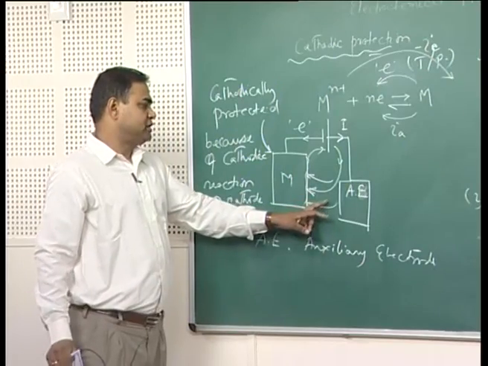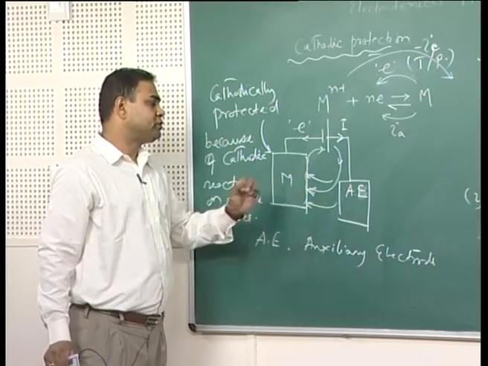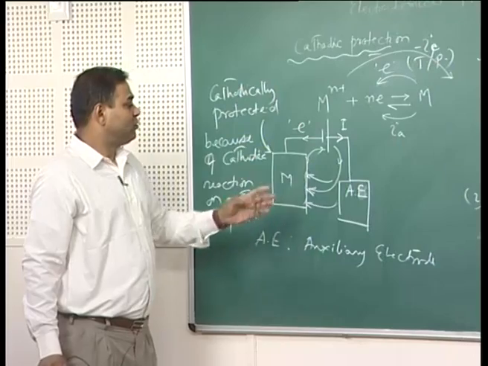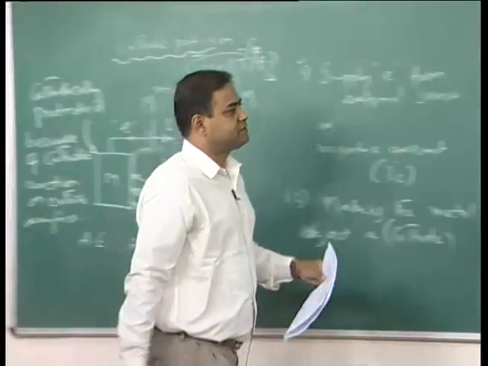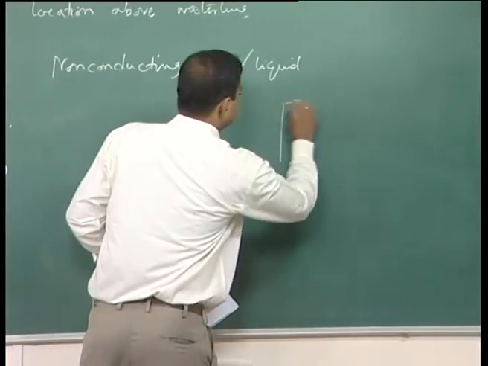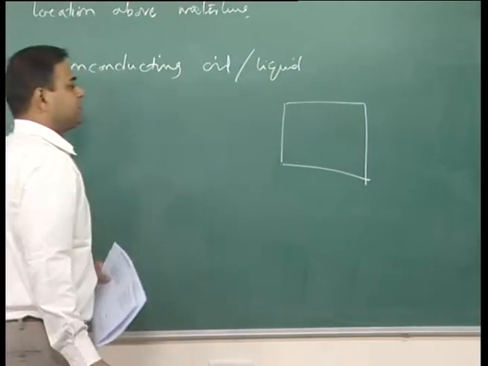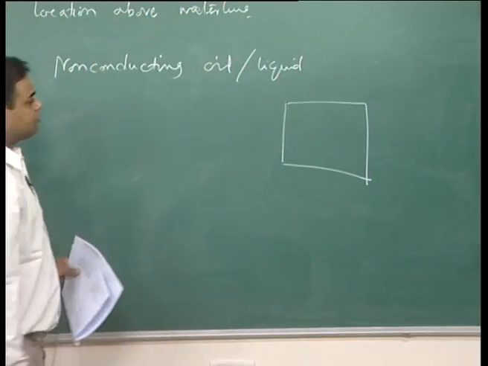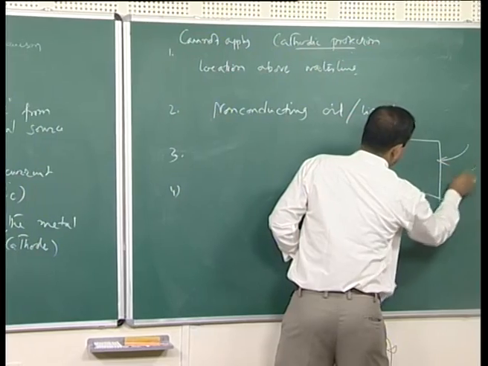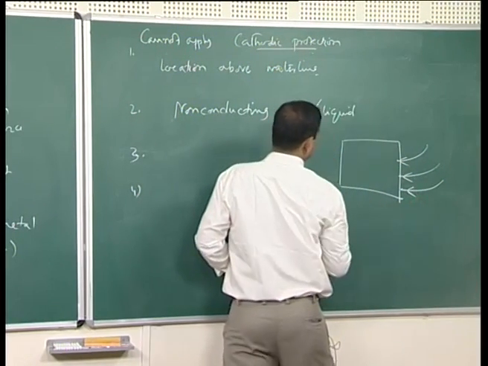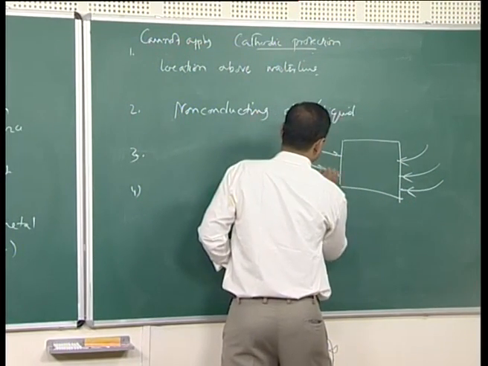Another way to see whether that part is protected or not, that is which part of that object, let us say this is a big object which is to be protected under cathodic protection. We have to see where the external current is entering.